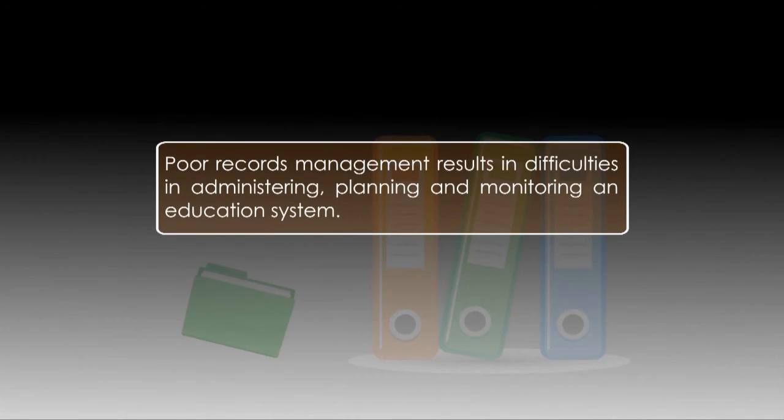Poor records management results in difficulties in administering, planning and monitoring an education system. In fact, poor record management and the lack of staff development along the entire information cycle are responsible for problems with management and policy implementation in schools and ministries of education.